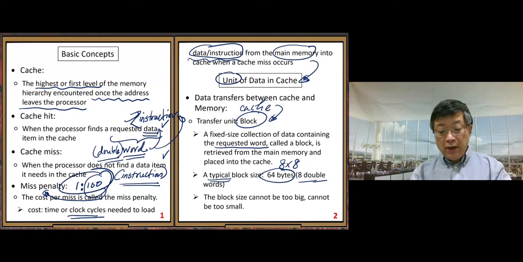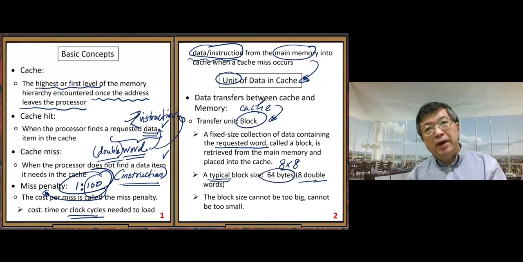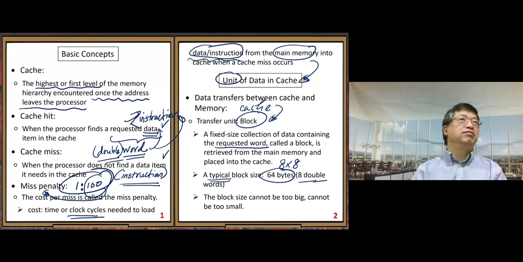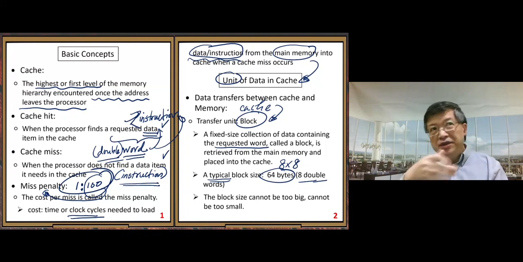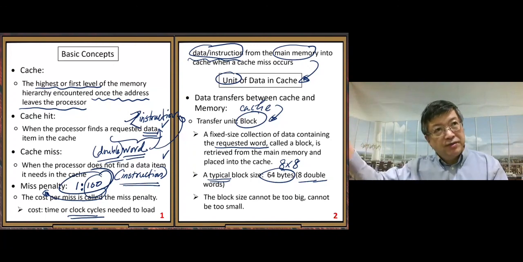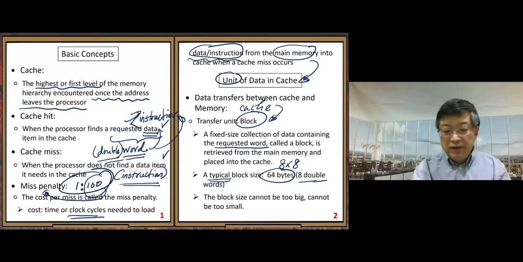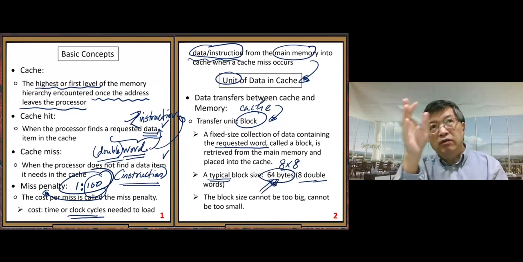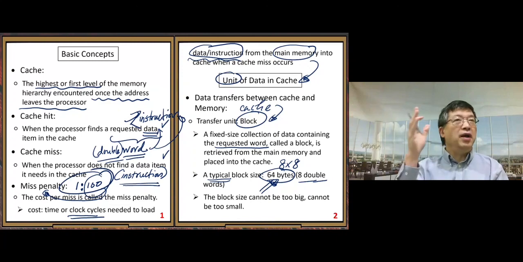Next, the block size cannot be too big, and cannot be too small. Based on experiments, people tried many different block sizes, and finally, based on the statistics data, this one gives the best overall result. Why?